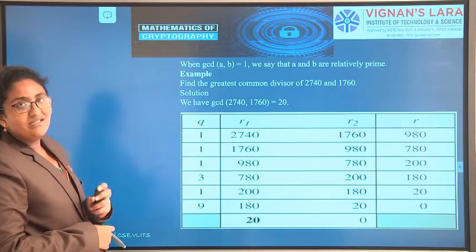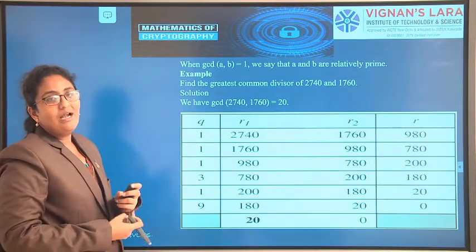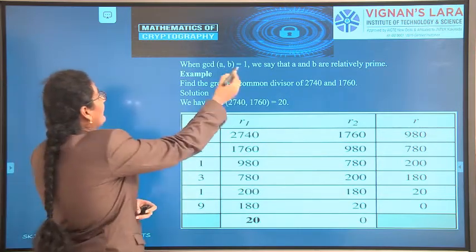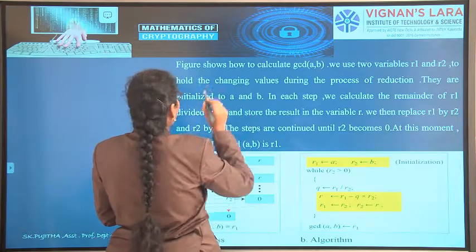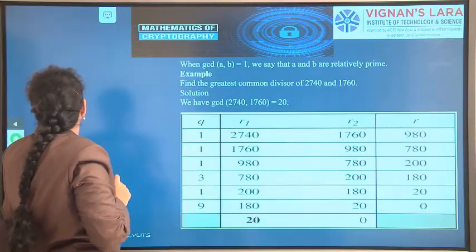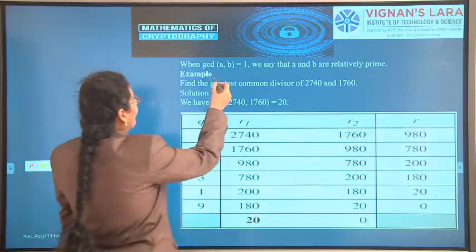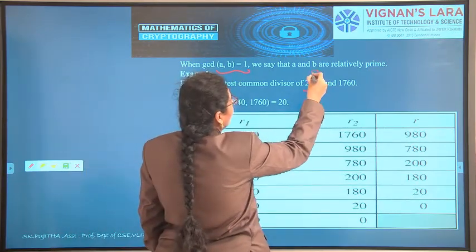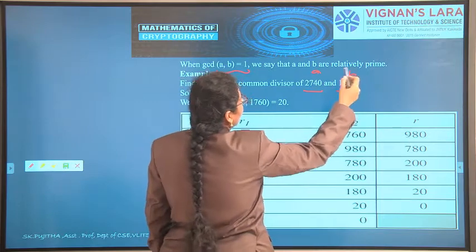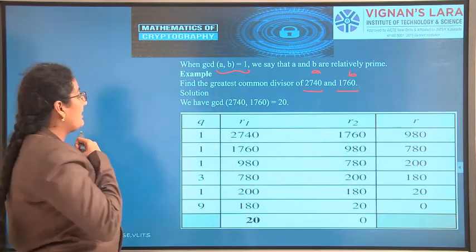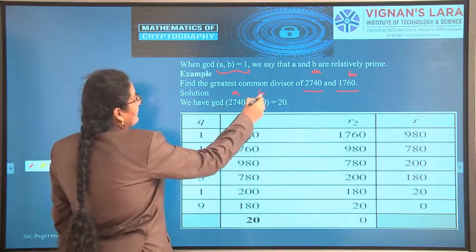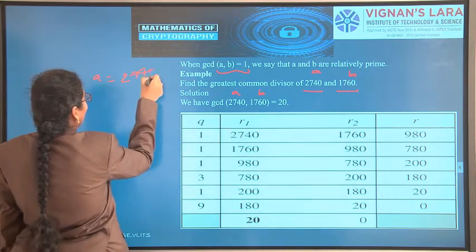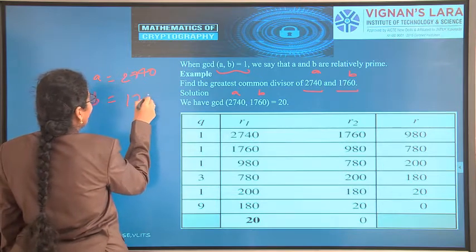See here, by this we will conclude this Euclidean algorithm, and the rest of the things we will see in the next class. So see the example. We have to do GCD of A comma B. So what I have taken is A equal to 2740, B equal to 1760.